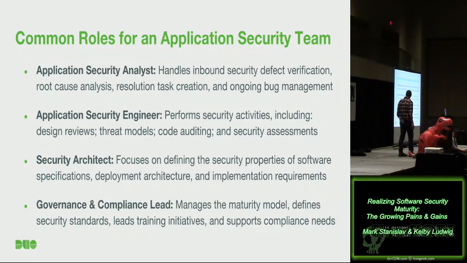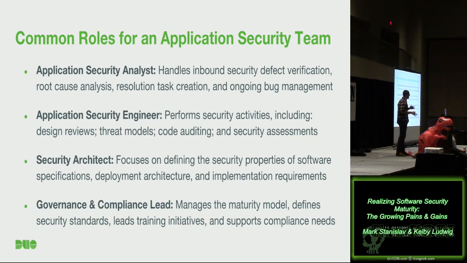So a key aspect of a high security maturity program is a dedicated application security team. And so we want to enumerate what this might look like within a particular organization. So we've identified about 4 key roles that we think make up an application security team. The first 2 are an application security analyst and an application security engineer.